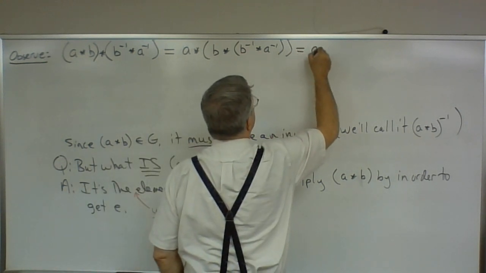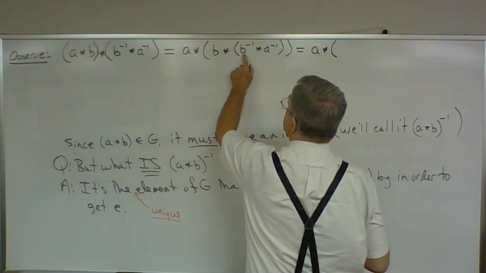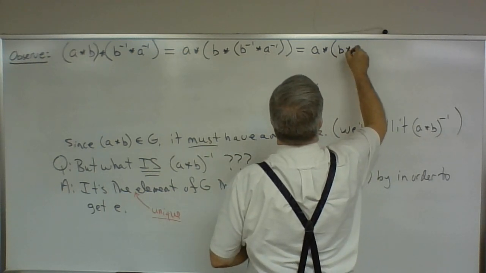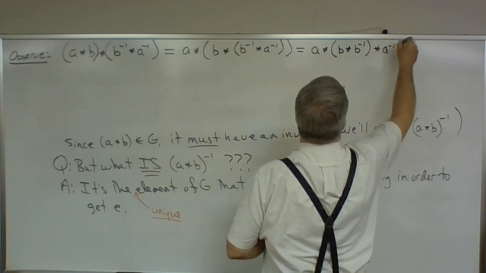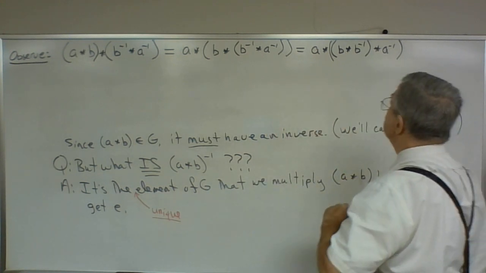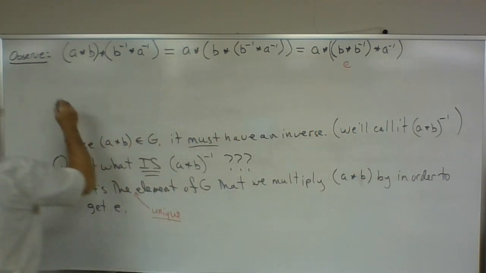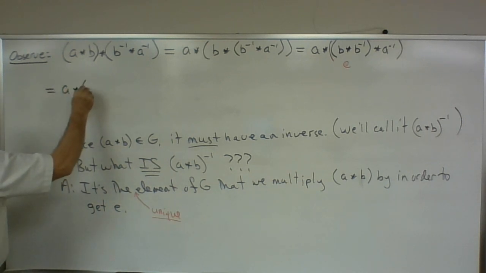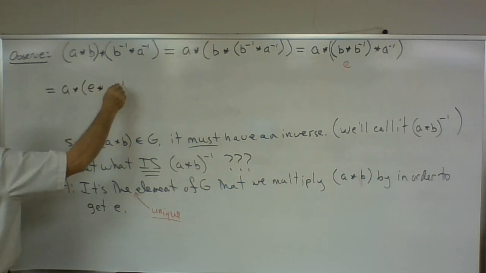And now I can choose to associate B inverse with B instead of with A inverse. Oh, but this is just the identity E. So we get A star E star A inverse.